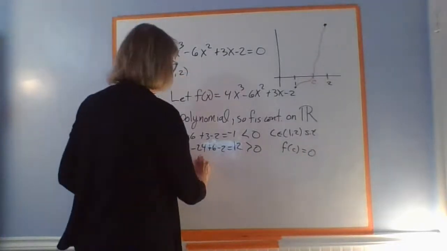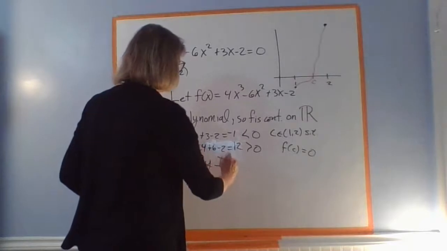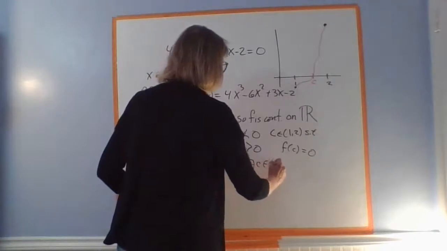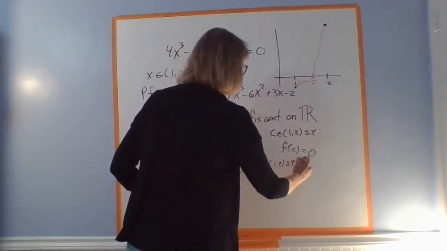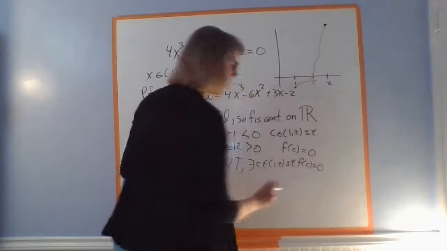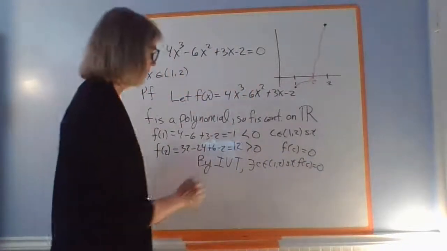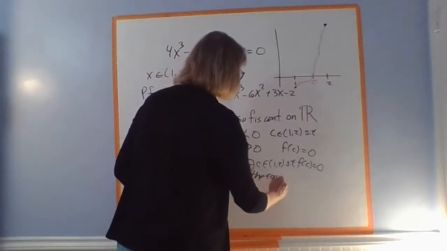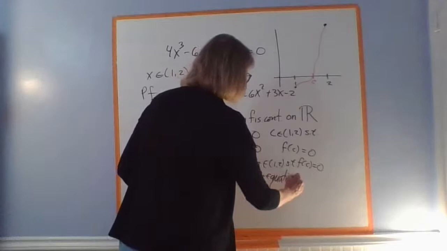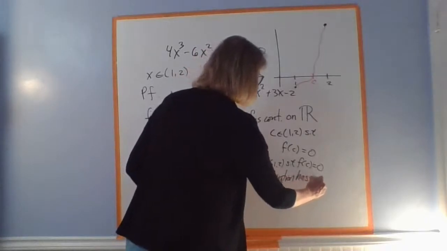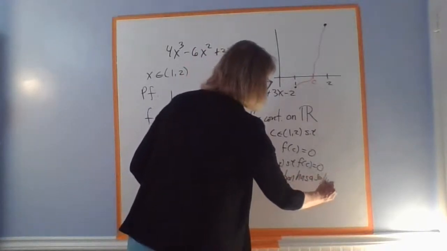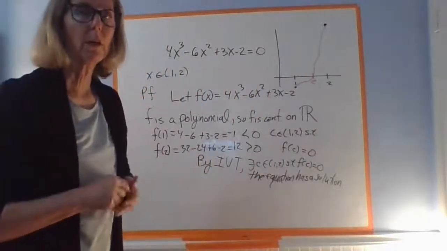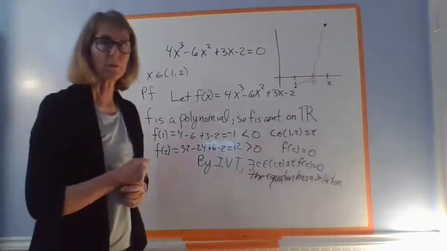So we can abbreviate IVT, the intermediate value theorem: there exists a c between 1 and 2 such that f of c is equal to 0, which means the equation has a solution. Now notice we're not finding the solution. This is merely the existence of a solution.